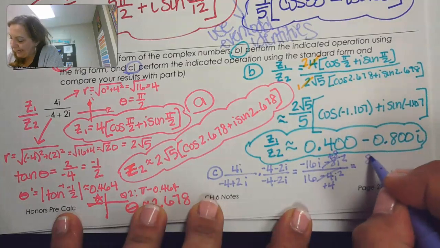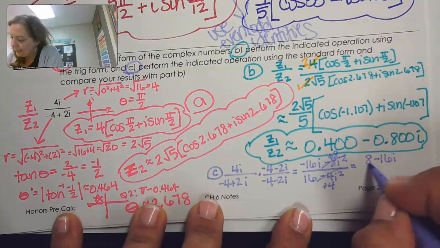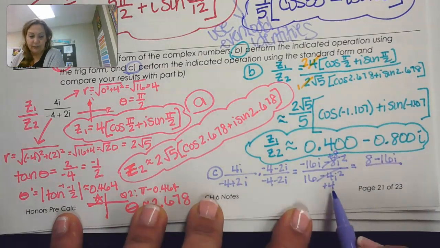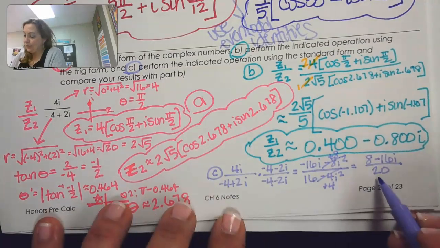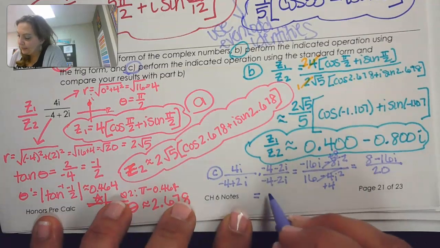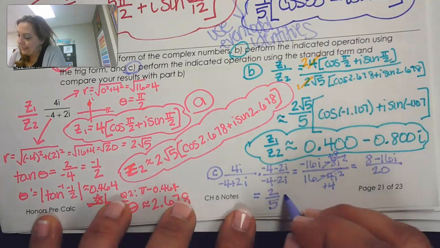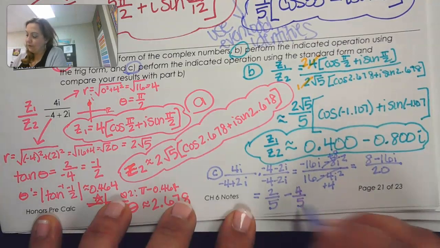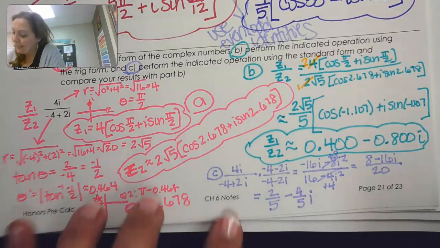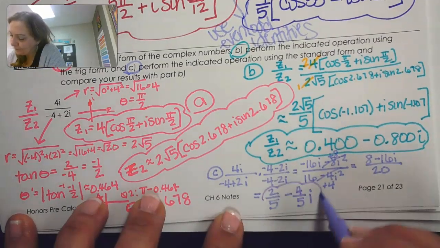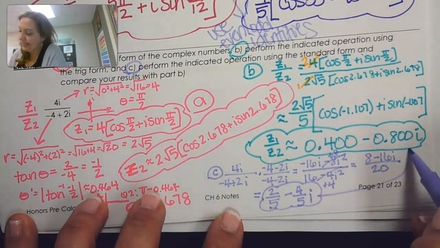So that's going to be 8 minus 16i over 16 plus 4, which is 20. So I'm going to have 8 over 20, which is, divide by 4, 2/5. And then 16 over 20, which is 4/5. And I know that was so much faster.